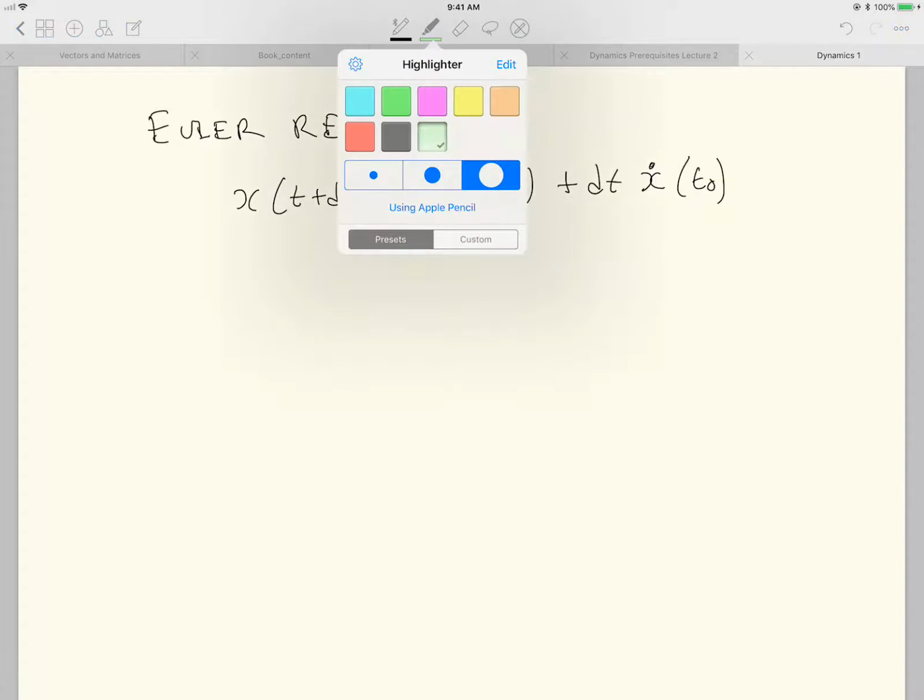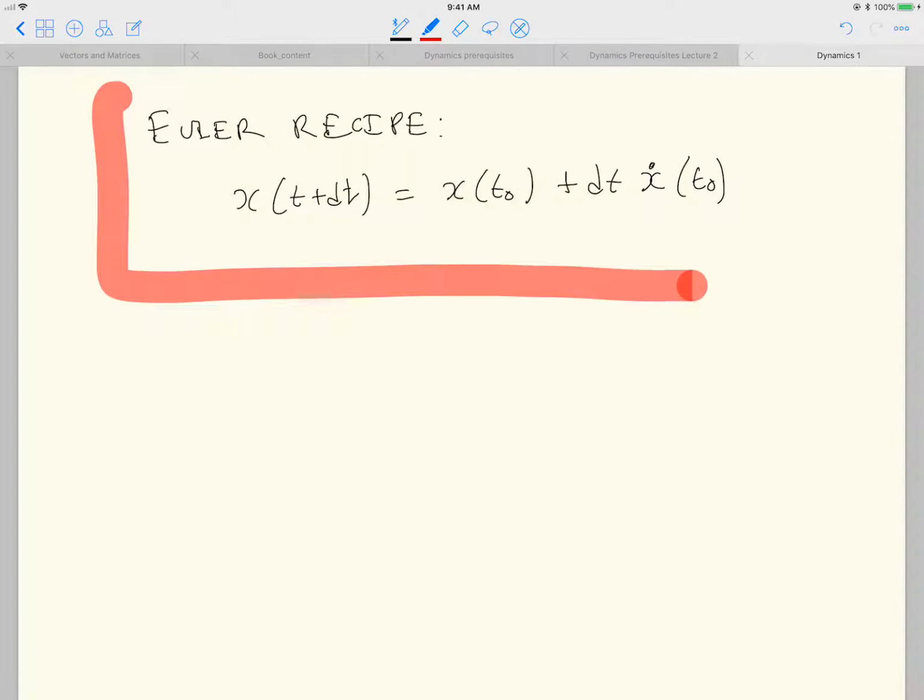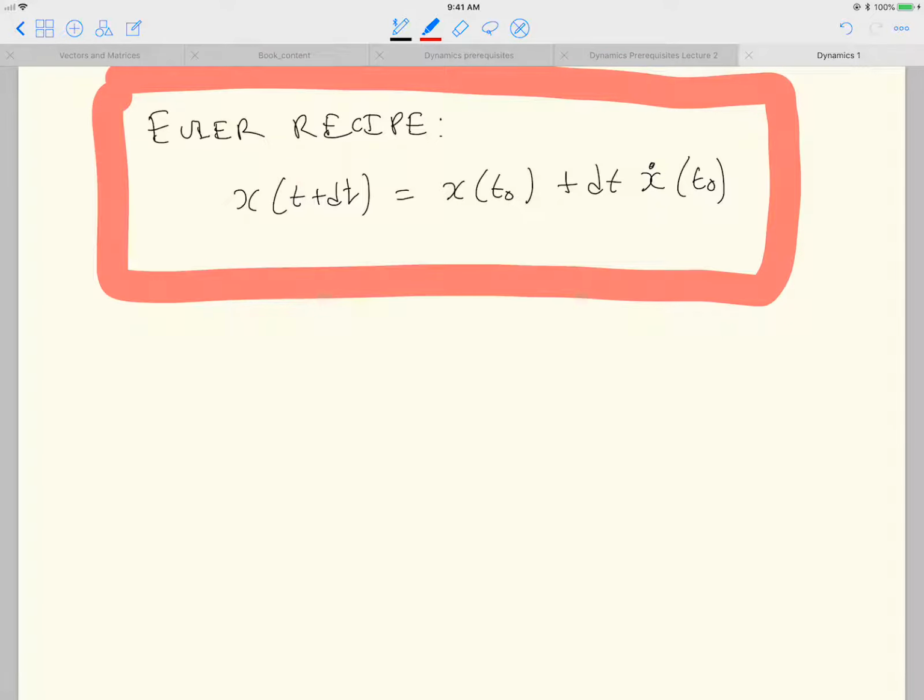And that recipe we can use over and over and over. Suppose that you start at t naught, and you know what x is at that point in time. You're starting from some point in time. And suppose that you know dx by dt as a function of x.